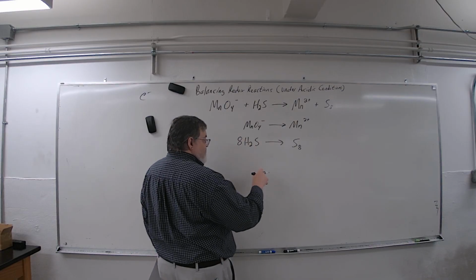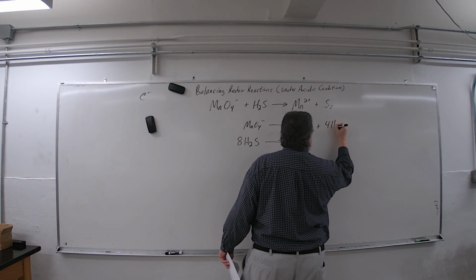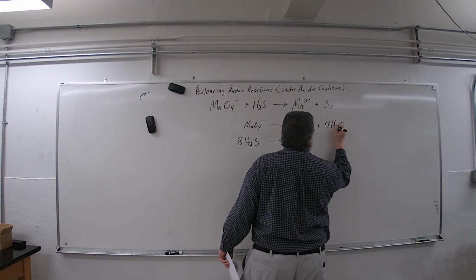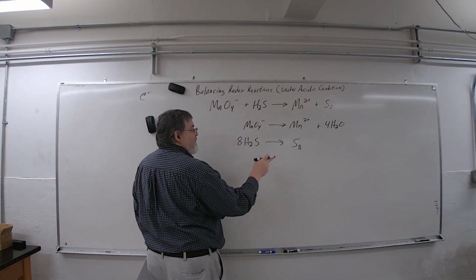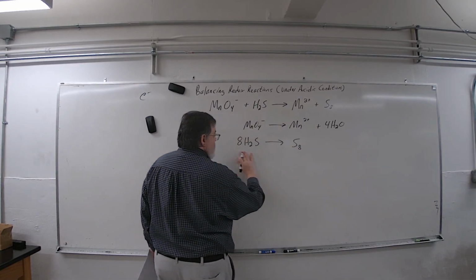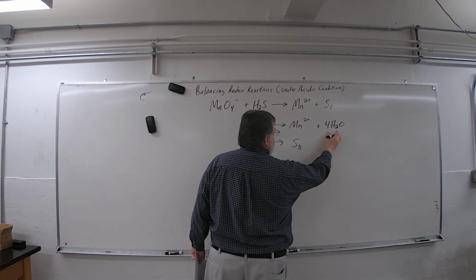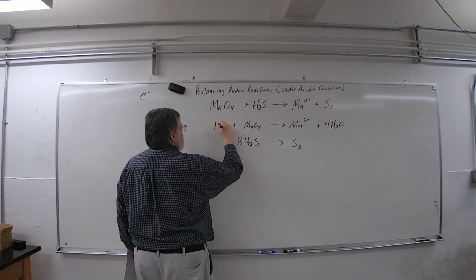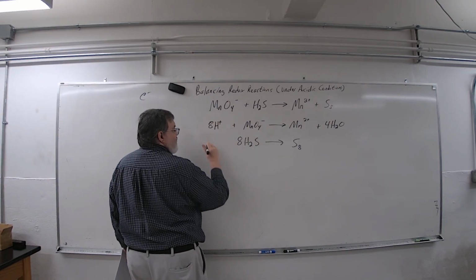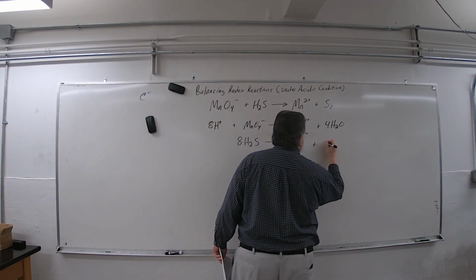I want to do oxygen next. Four oxygens. Now, no oxygens down here. So hydrogens, I have 8 hydrogens. Down here, I have 16 hydrogens.